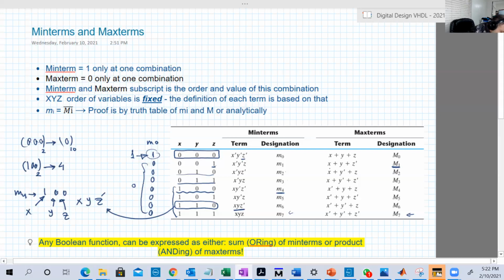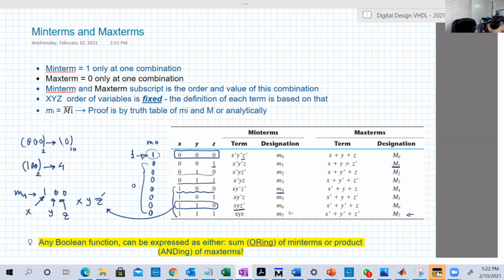So M1 is x or y or z prime. Let's verify this definition, that this expression will be 0 only at a certain combination of x, y, z, and 1 otherwise.